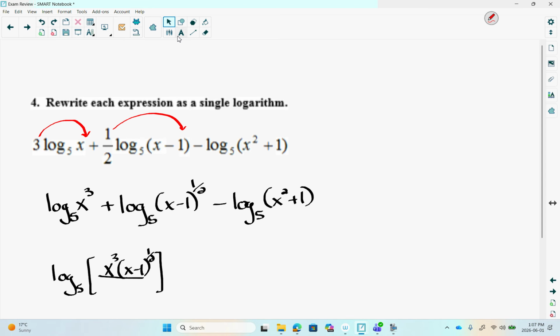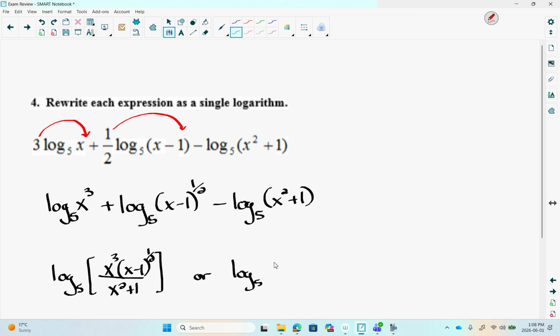Okay. What would go on the bottom? X squared plus 1. And you could write this like so.